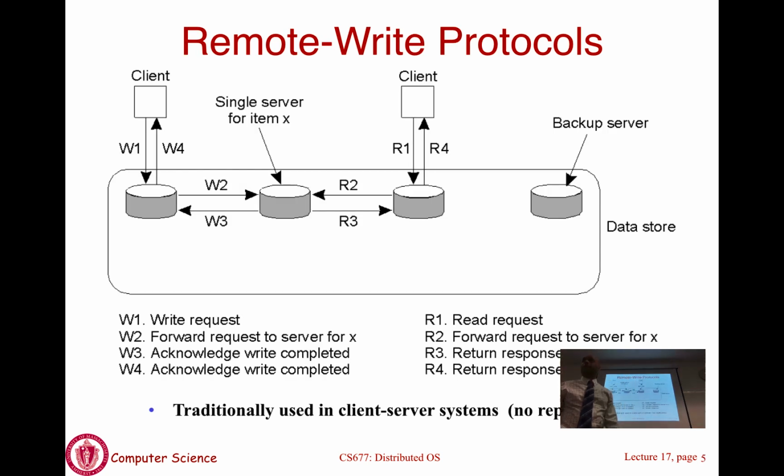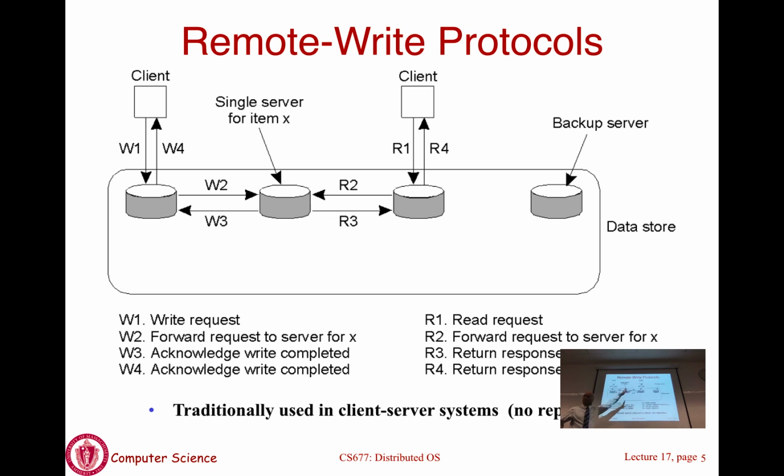Let me start with the first one. This is called the remote write protocol. In this case, there are multiple replicas here. You will see that there is a client, and this is the primary replica that holds the data item X, and there is some backup server which we'll get to.